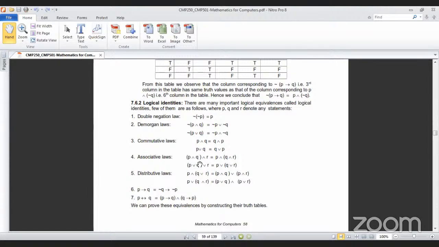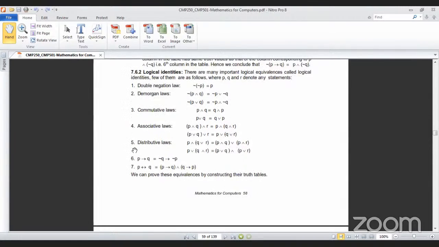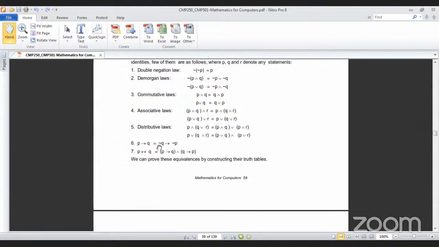Associative means if you are using this operation together first and the other case, they will be the same. Now distributive means P and Q or R can be represented in this form: P and Q we have taken first, or P and R. Now P implies Q will be similar to what?